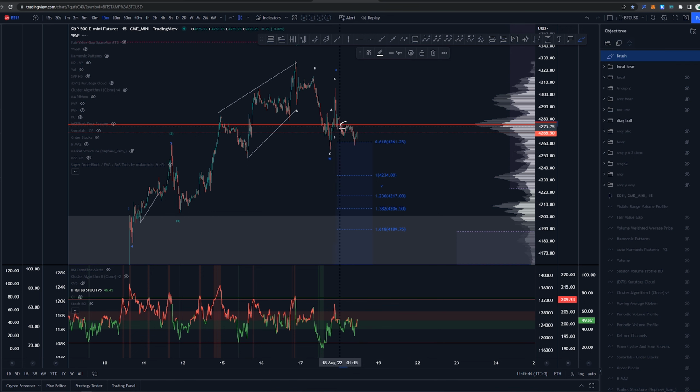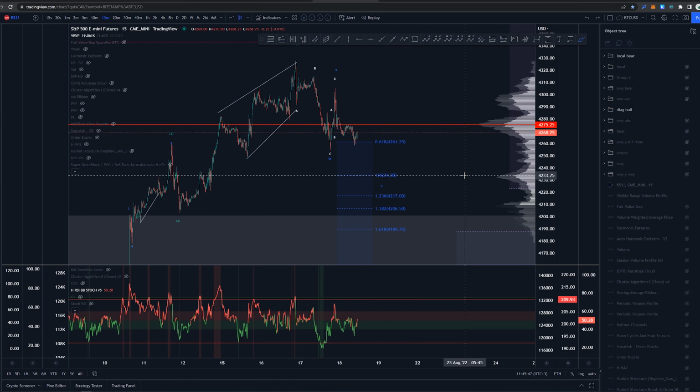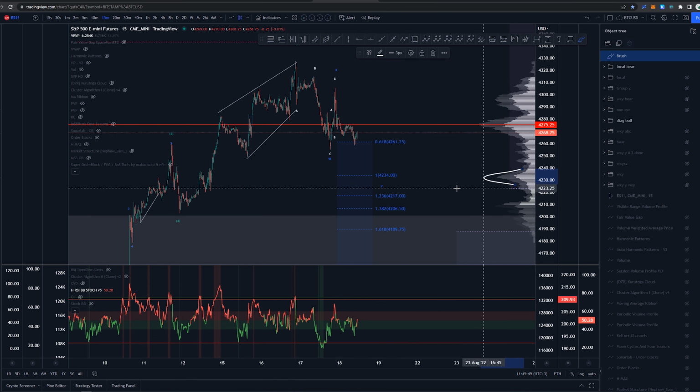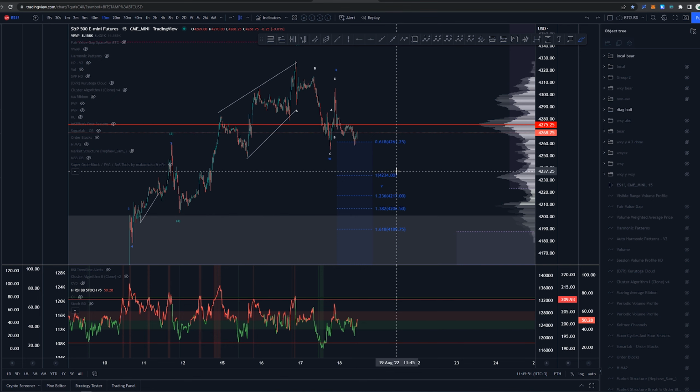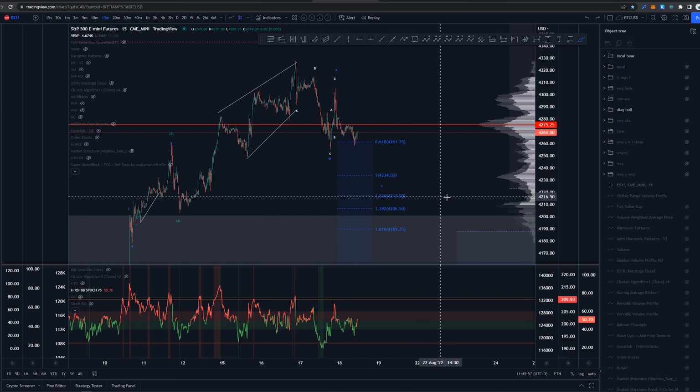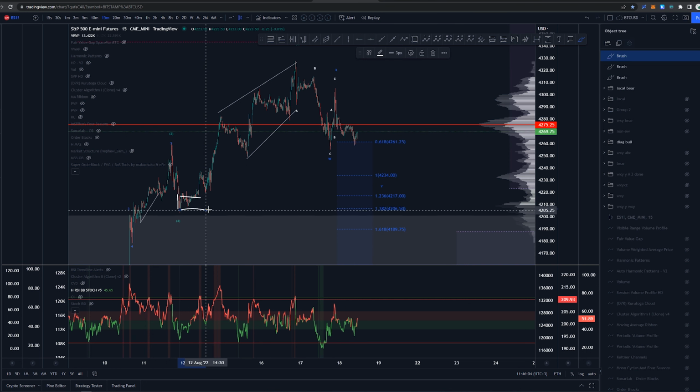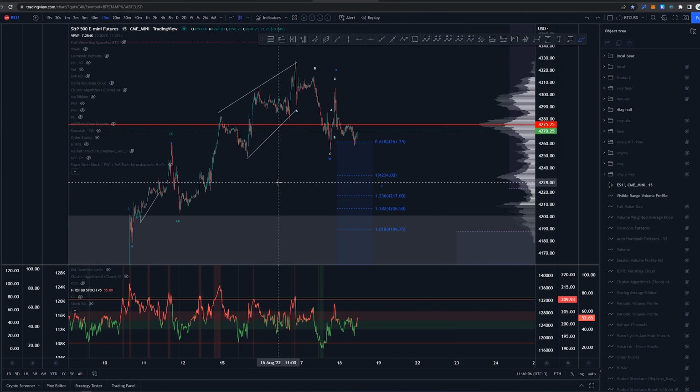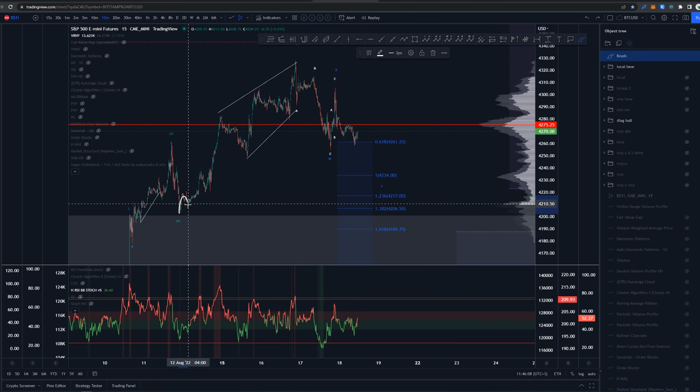We did just bounce off of this local point of control here. 1-to-1, again, we can see this spike in volume here, so that is definitely one target for this possible 3-way structure here. The other one would be more like this 1.382, which would be again having this larger order block here. Definitely would most likely have some kind of resistance and bounce, at least some kind of bounce, not sure how much though.